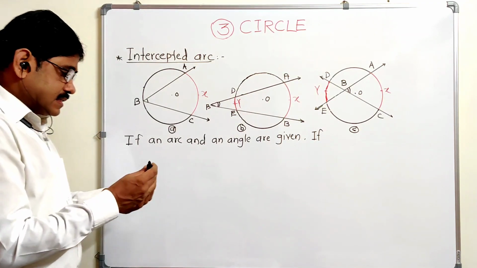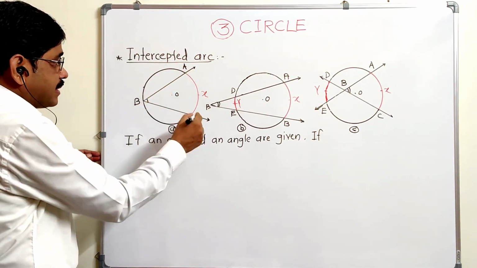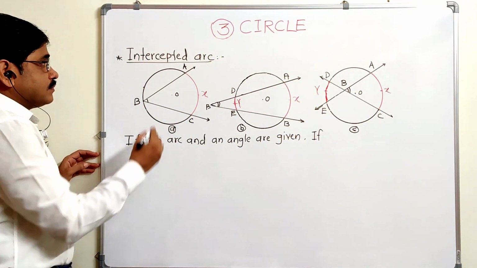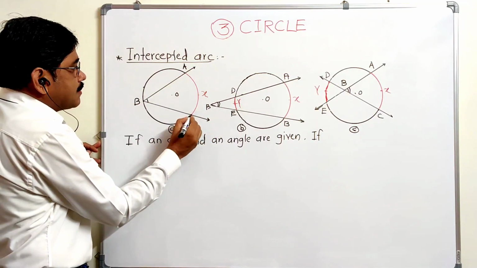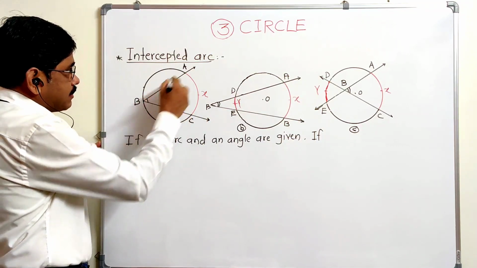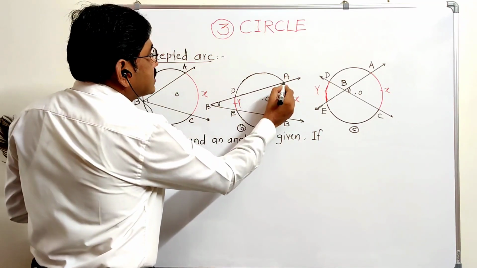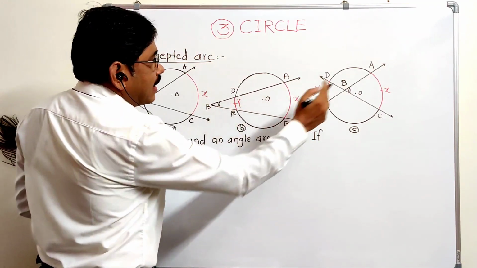So which are these conditions? The first one: if we observe angle ABC, each side of that angle passes through an end point of arc AXC, here again and here again.